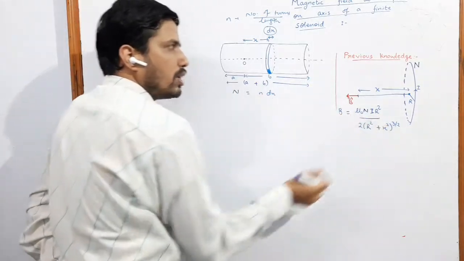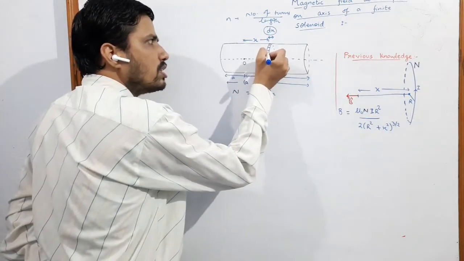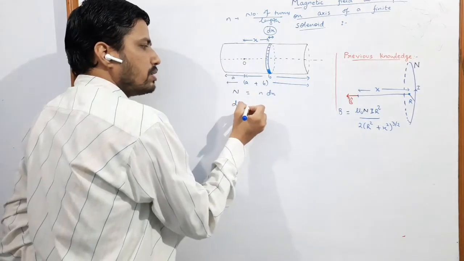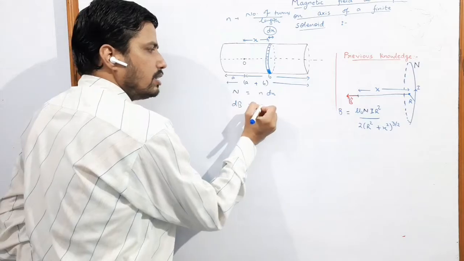Now we will use this formula to find magnetic field due to this circular segment at this point on the axis. This magnetic field will be represented as dB and will be given by μ0.